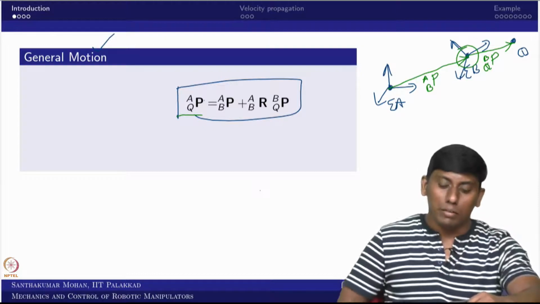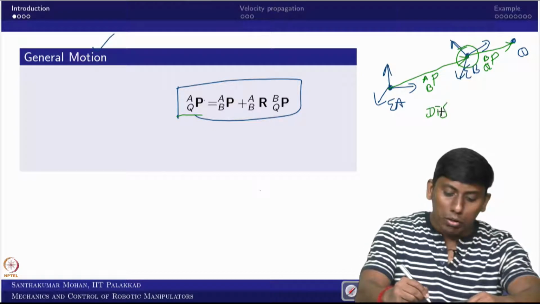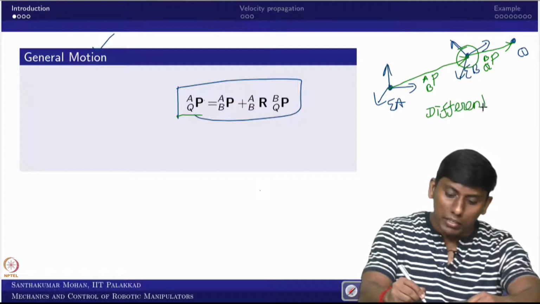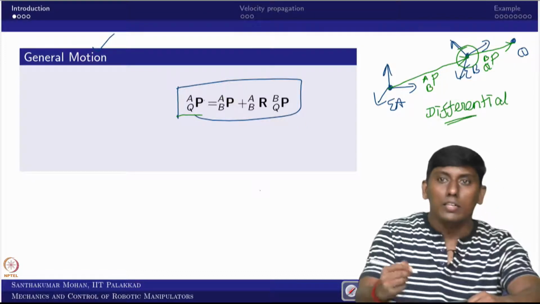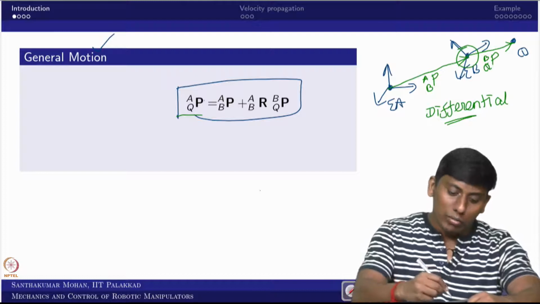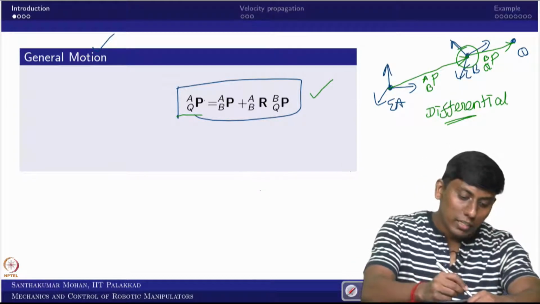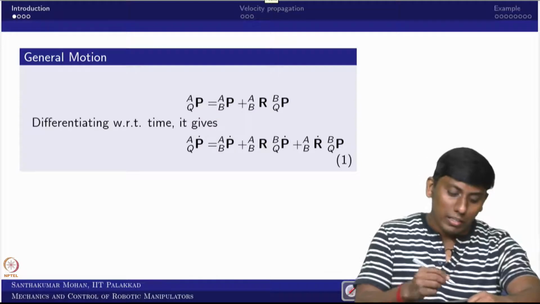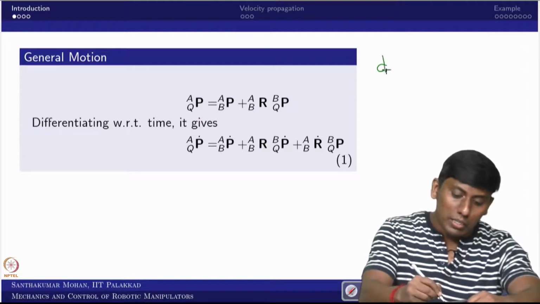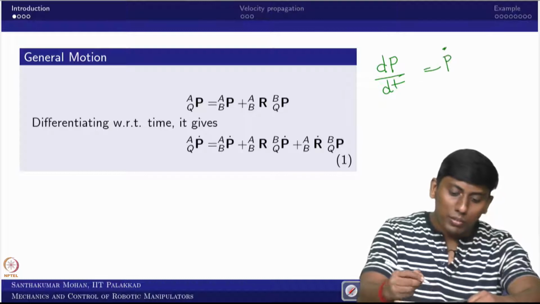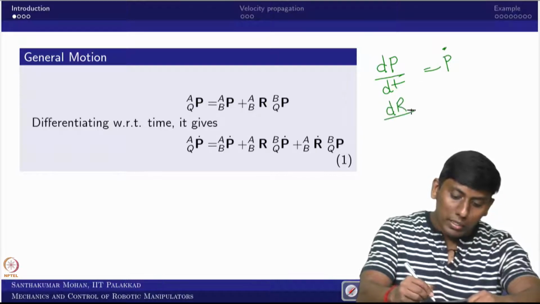But now we are trying to talk about differential kinematics, so we differentiate this equation. I write dp by dt as p dot, and dR by dt as R dot.